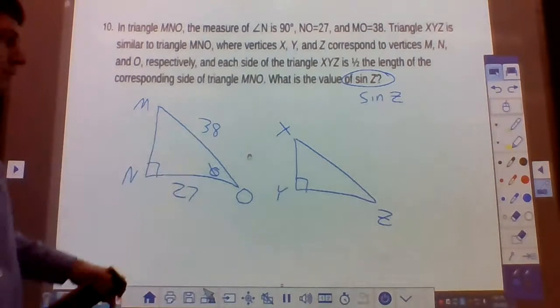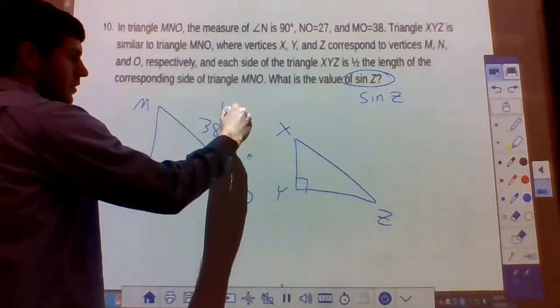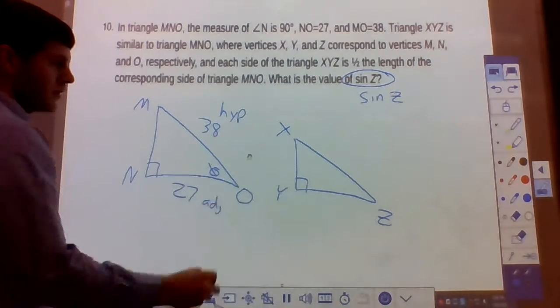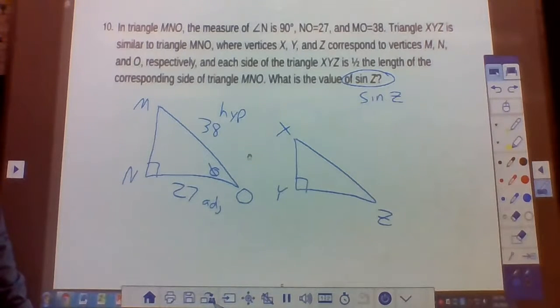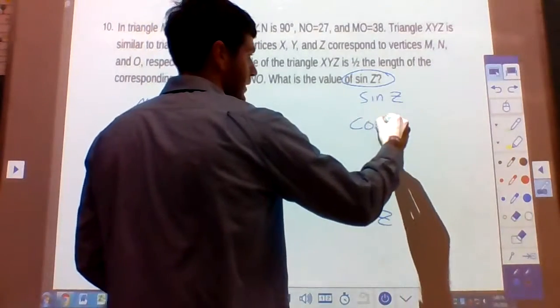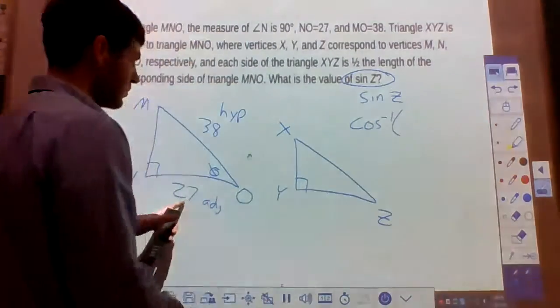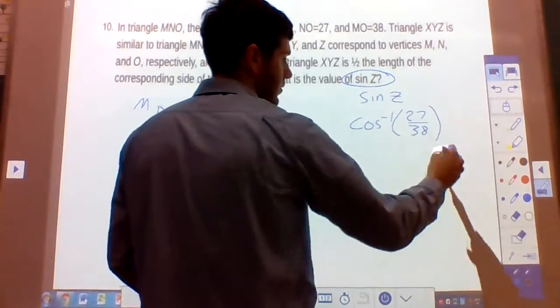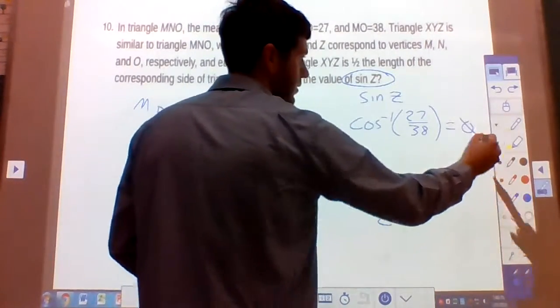Okay, well, 38 is our hypotenuse. 27 is adjacent, right? So we're going to use cosine here. We're solving for an angle, so we're going to use inverse cosine. So the inverse cosine of the ratio, we input the ratio, which is 27 over 38. And that's going to be theta.